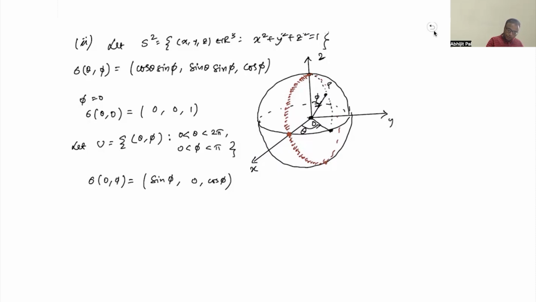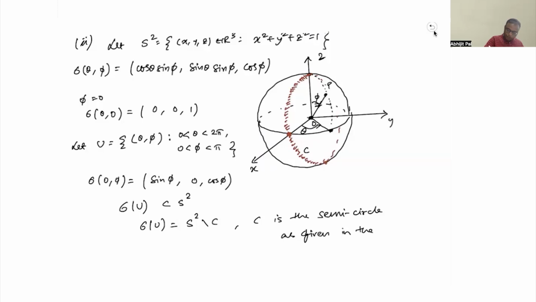So sigma of U is equal to S2 minus C. Okay, so what is my C? C is the semicircle as given in the picture.